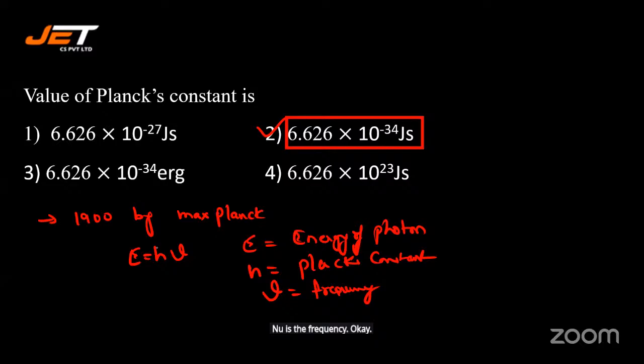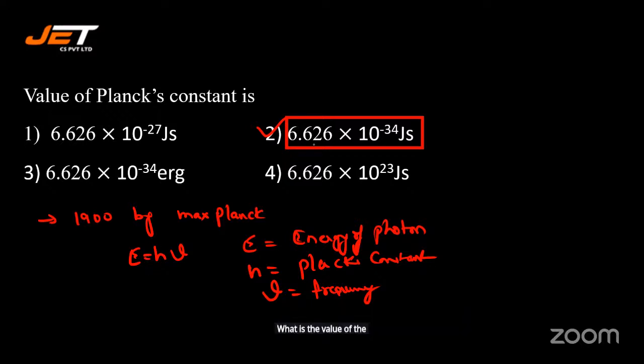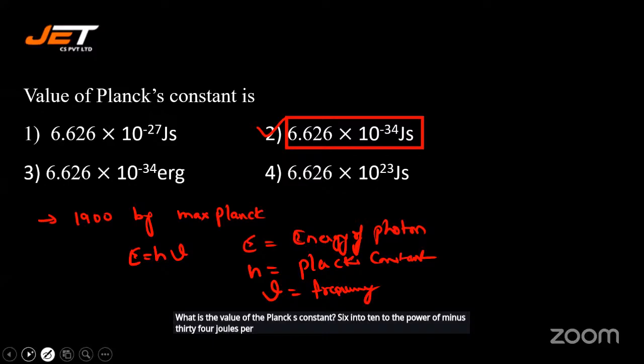So what is the actual meaning of this equation? Whenever the energy of photon increases, frequency also increases. But for equating that proportionality, he has used a constant called Planck's constant. What is the value of the Planck's constant? 6.626 into 10 to the power of minus 34 joule second.